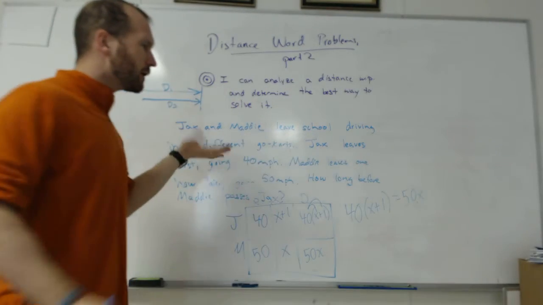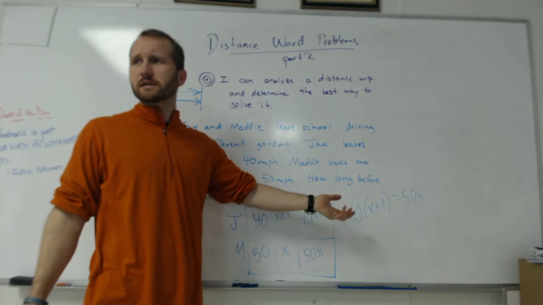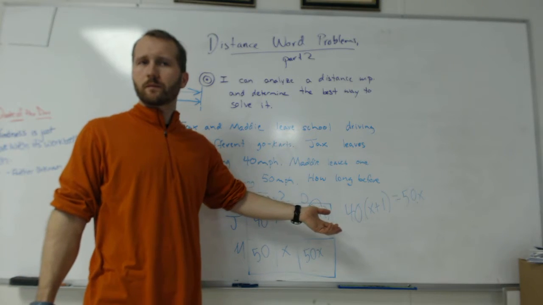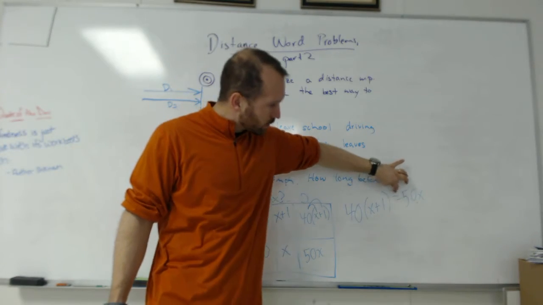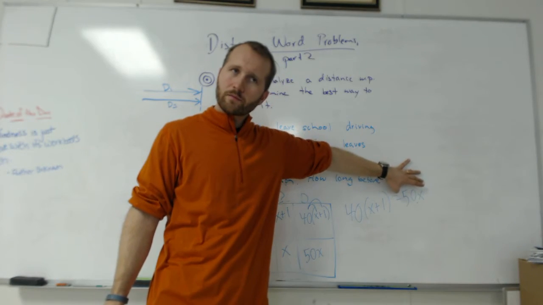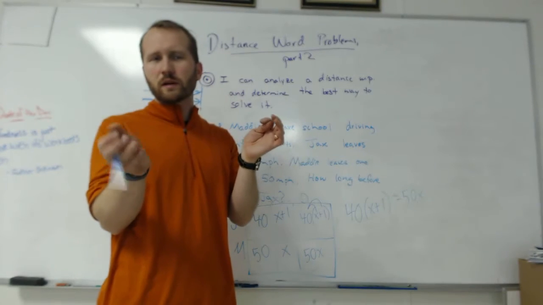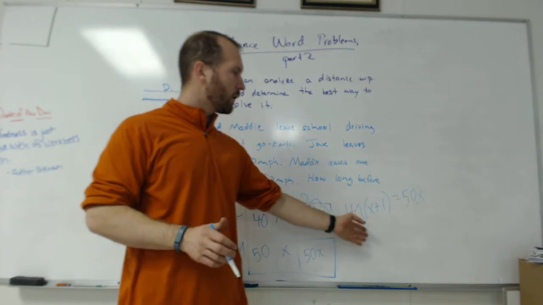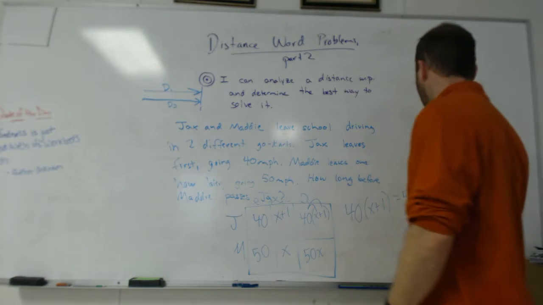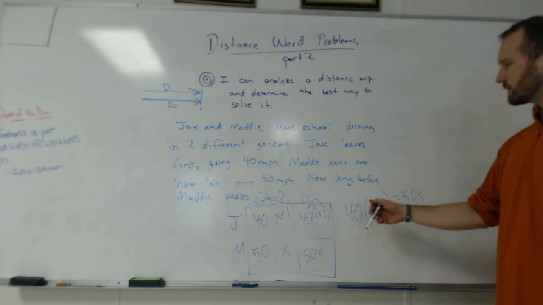For this type of problem, I don't have to know the actual distance. I just know that this distance equals this distance. They don't add up to a total distance, like the last set of problems we did. Instead, one equals the other. That's the time that Maddie passes Jax.